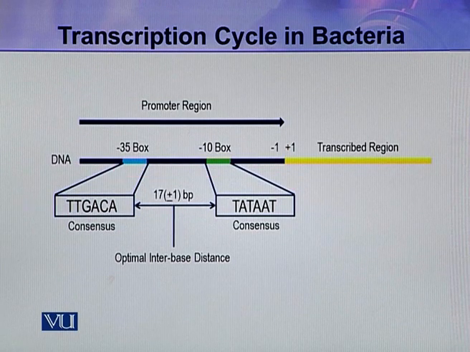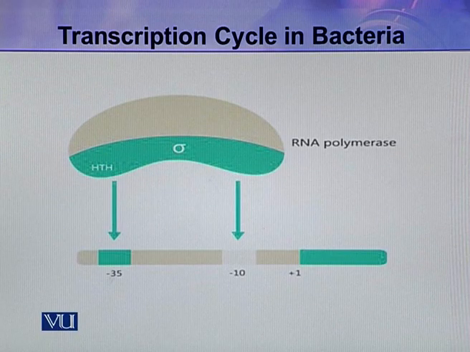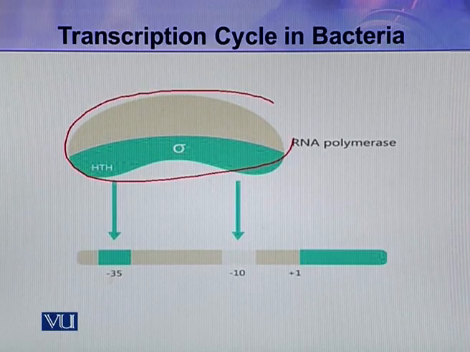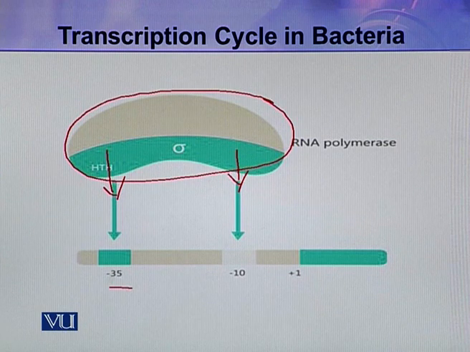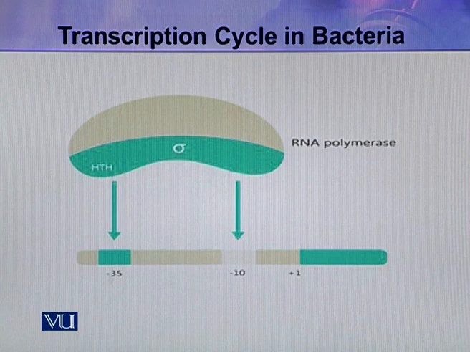This is the point from where transcription is to be started. And here you can see this is again RNA polymerase, and from these points at the minus 35 and minus 10 sequence, this RNA polymerase will bind to the DNA.